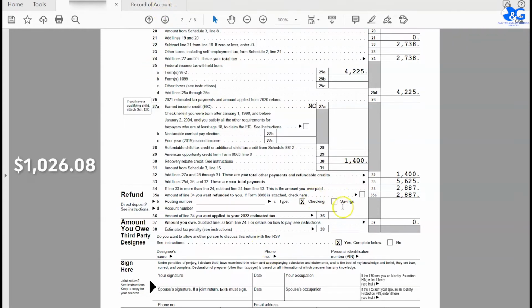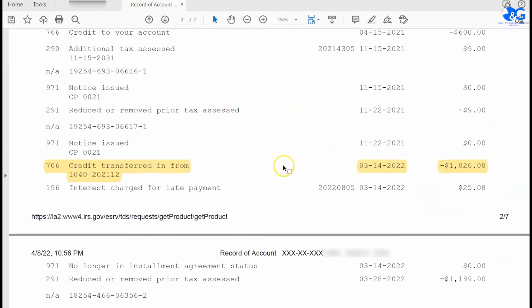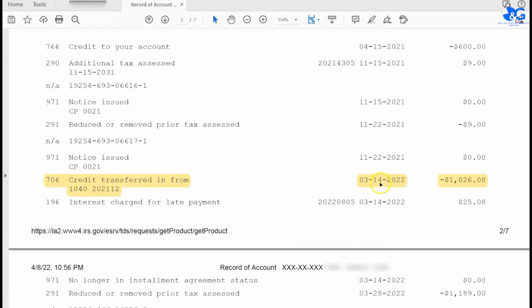The reason is that the taxpayer also had a problem in their 2020 return. They had a balance due. So the IRS took the difference, the remaining 1026.08, to offset the tax balance that this taxpayer has with the IRS.